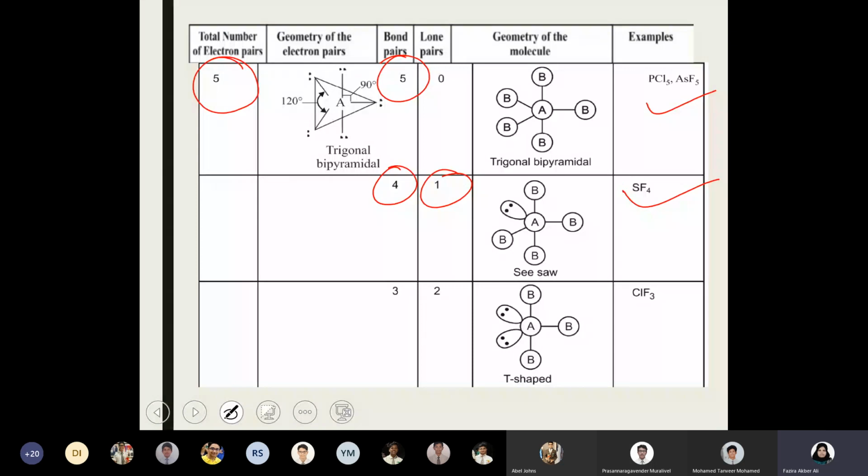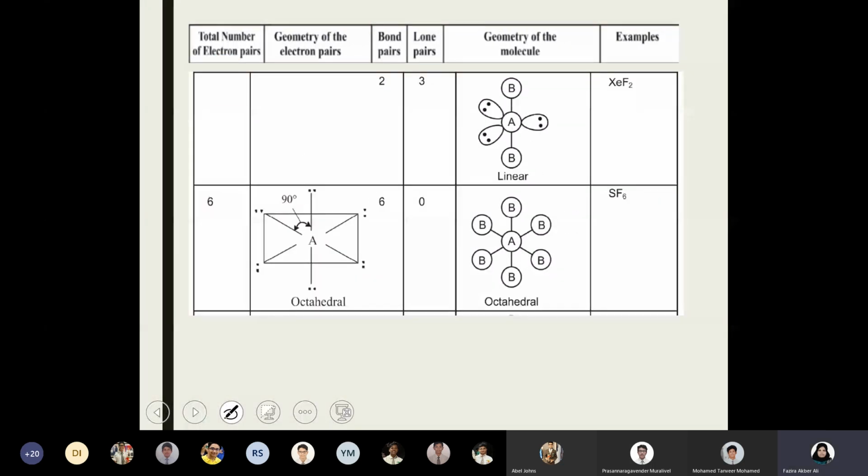Then the homework was ClF3, which has 3 bond pairs and 2 lone pairs. Again, everything was 5. The last example had 2 bond pairs and 3 lone pairs, again coming under trigonal bipyramidal geometry.